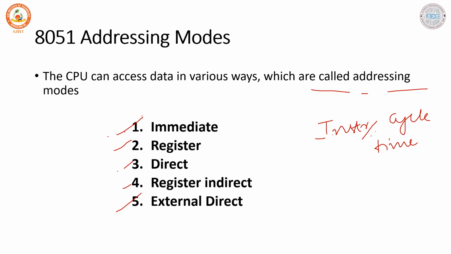Accordingly, the CPU uses various addressing modes to access data from both external and internal memory. We are going to discuss all these addressing modes one by one.